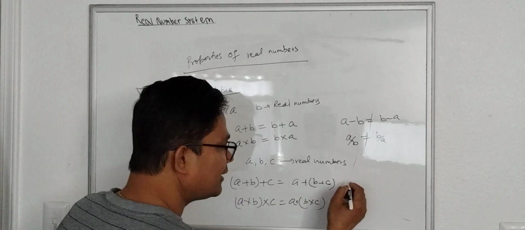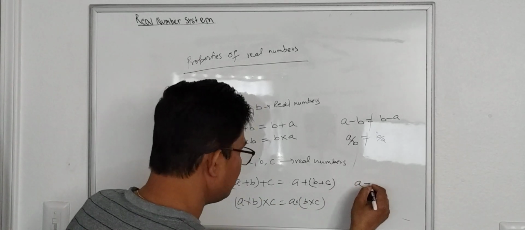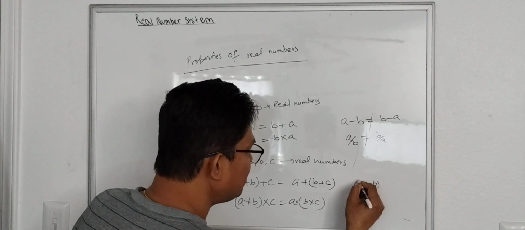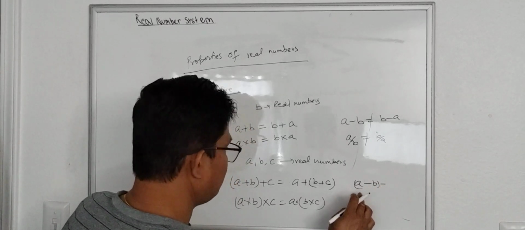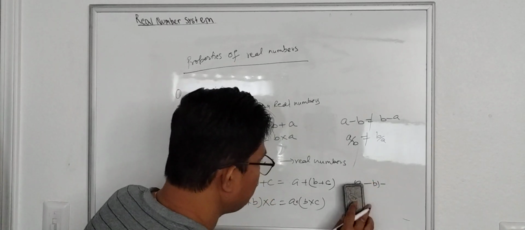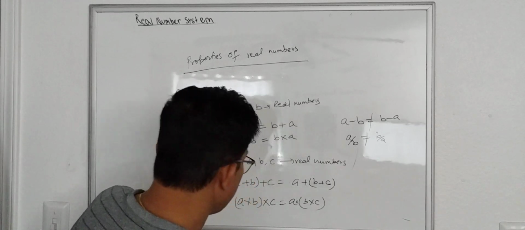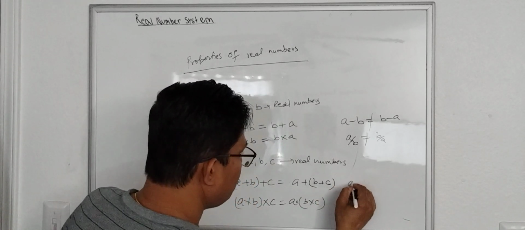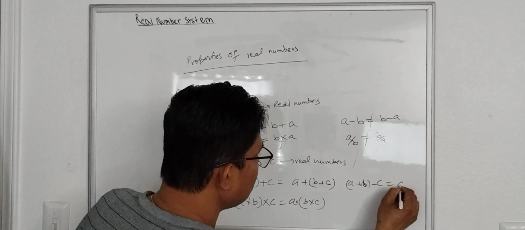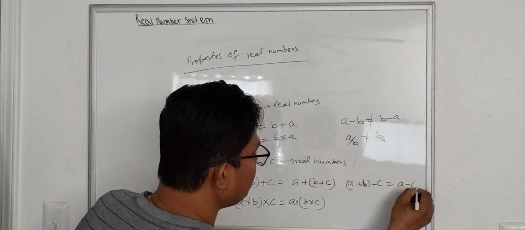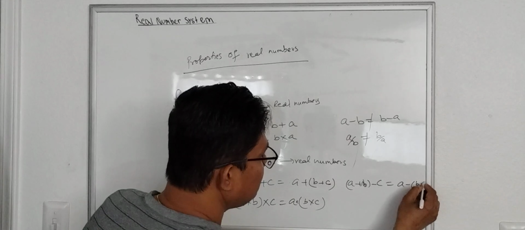And here again, can you say A minus B? Okay, forget this one maybe. A plus B minus C is equal to A minus B plus C. Can you say this?